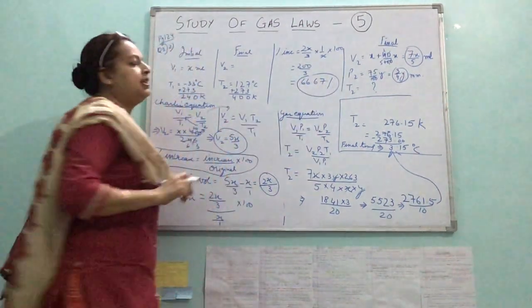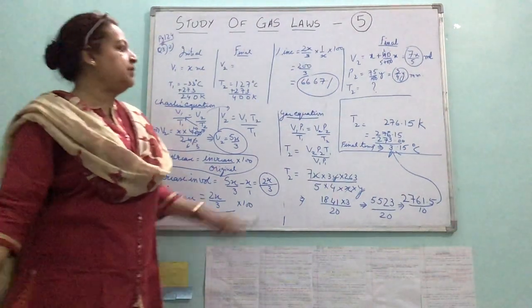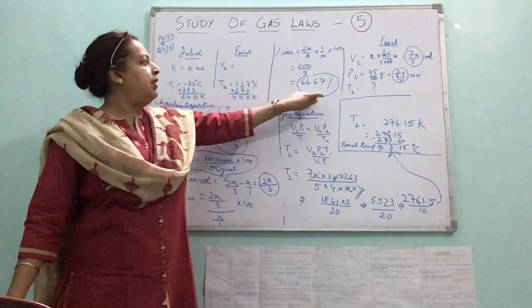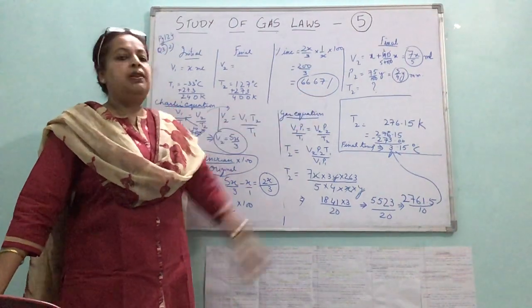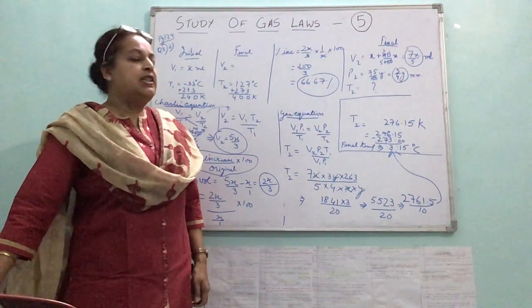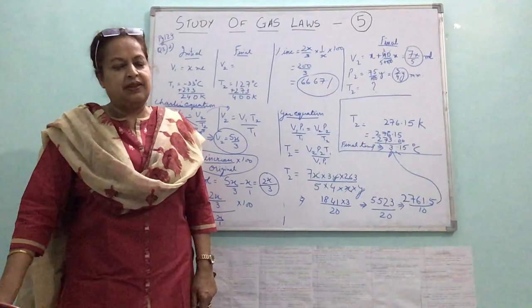So what is the percentage increase in the volume? 66.66 recurring, so we can always round off. Always find your answer correct to 2 places of decimal. So it is 66.67%.